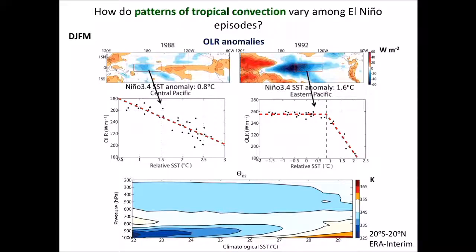But we do see much more variation in the boundary layer. You'll notice that below an SST of about 27.5 degrees Celsius, theta ES increases with height above the boundary layer. That means the atmosphere is stable, so not conducive for deep convection. But once you get above about 27.5 degrees Celsius, there's a deep layer where theta ES decreases with height. So it's conditionally unstable. We have mean CAPE.